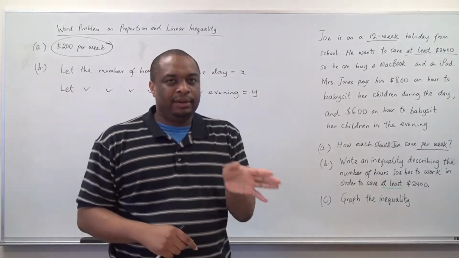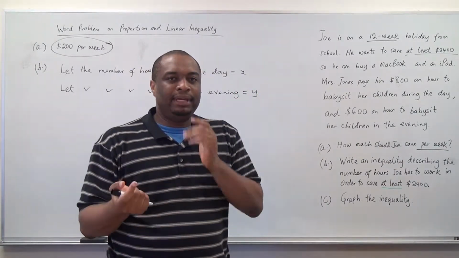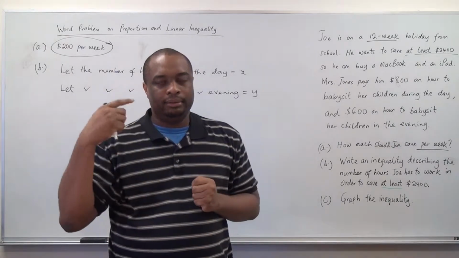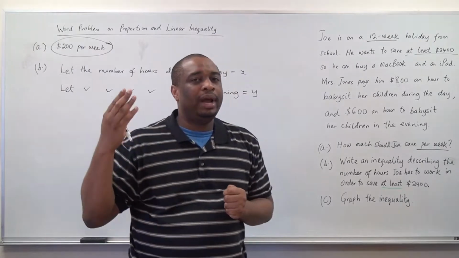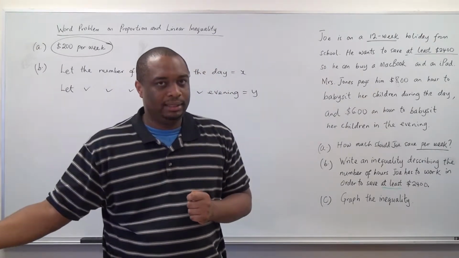So let's backtrack a bit. If she pays him $8 per hour during the day, that means if Joe works for 1 hour, he will earn $8. If he works for 2 hours, he will earn 8 times 2, which is $16.